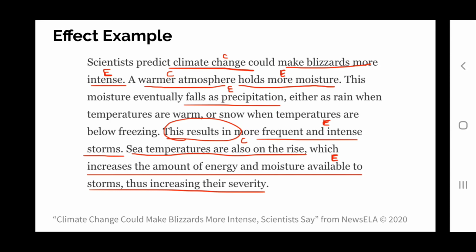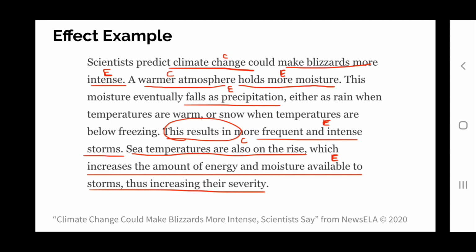Okay, so this particular text structure can be a little bit challenging. So it really helps to go ahead and do things like this when you're annotating to make sure you underline the relationship. So here I underlined the causes and the effects, and then have a little symbol that shows me what they are. And we have also gone ahead and circled the signal words.